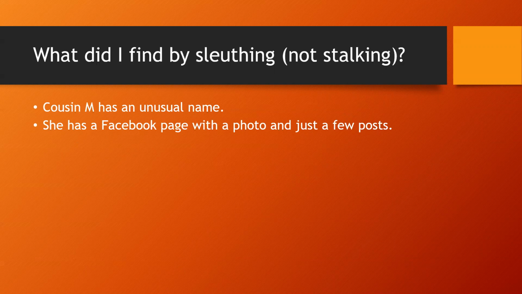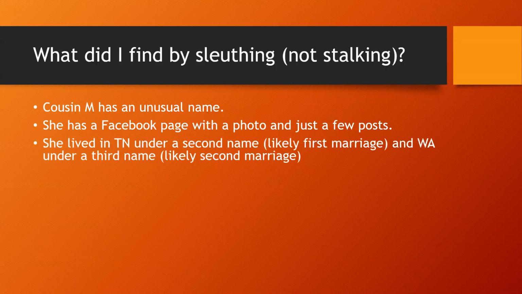That wasn't very helpful, except that it did leave me with a photo and a little bit of information. She lived in Tennessee under a second name, which is probably her first marriage, I'm hypothesizing. And she lived in Washington under a third name, which could also be a second marriage. So I have a series of surnames here that I'm looking at.